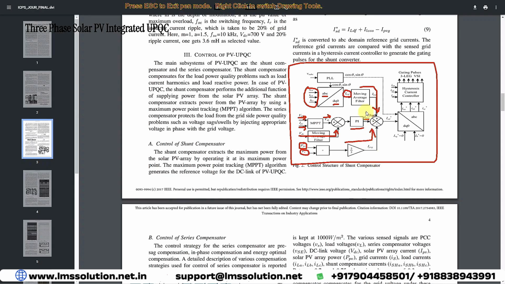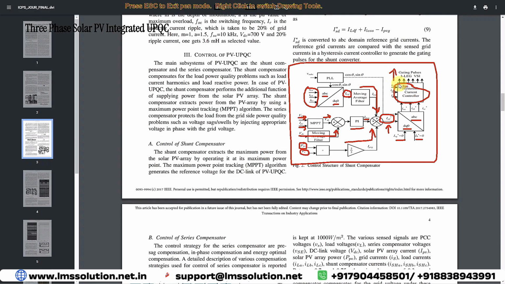Based upon these three currents, ILd, I loss, and I average, you generate a reference current in the direct axis. So it provides the controlled direct axis current. Next we take this current, ISq and I naught being 0, and based upon these three inputs we convert DQ0 into ABC, and it is processed by a hysteresis current controller to generate the pulses for the shunt compensator, or shunt filter, or shunt inverter.